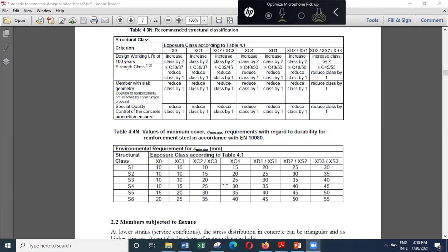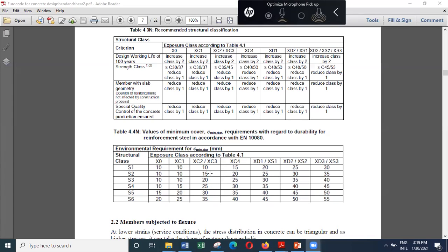So in foundations, because we are not very sure of the conditions, even when we use a screed concrete, we generally use a minimum cover of 40 or 50 millimeters. And if you are using higher strength concretes, you can actually reduce the class.